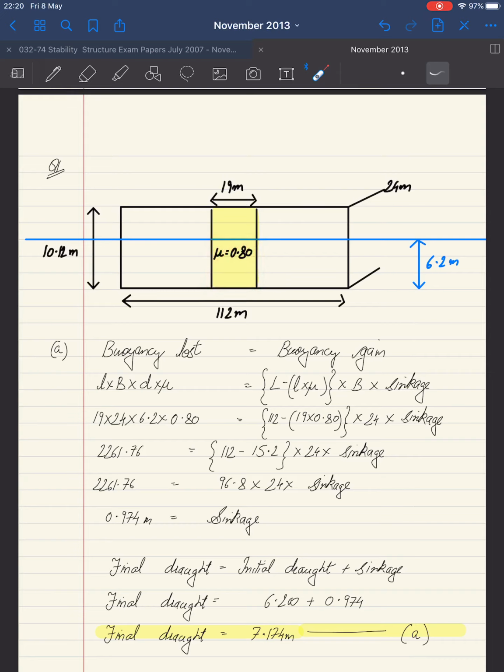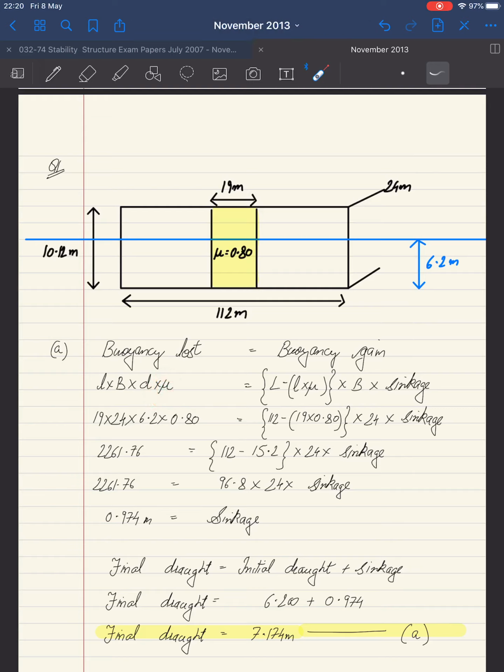But since it has cargo inside it, the question gives us the permeability, and due to this, there is not 100% loss in the buoyancy. So we will multiply the loss of buoyancy with the permeability factor, which was given in the question as 0.80.